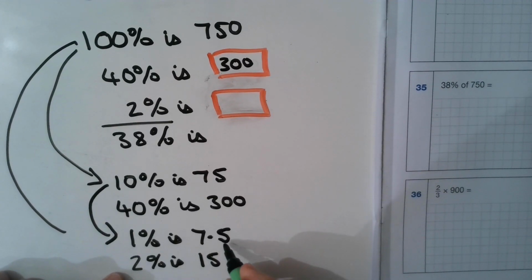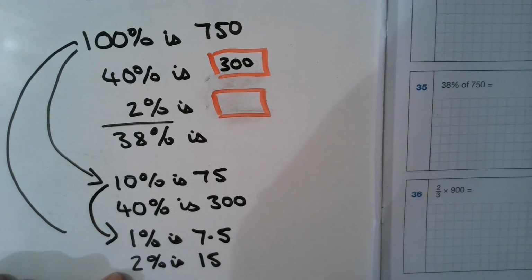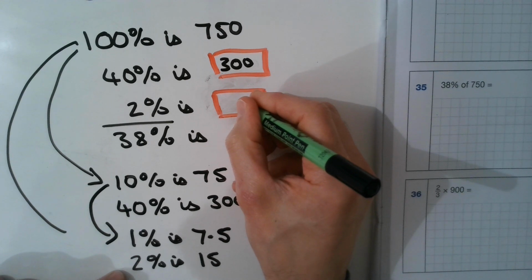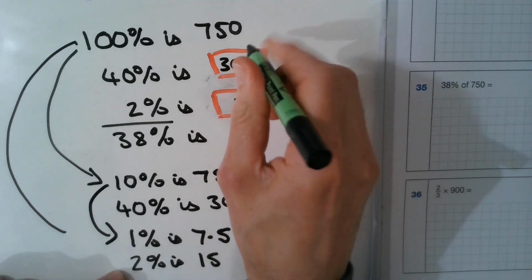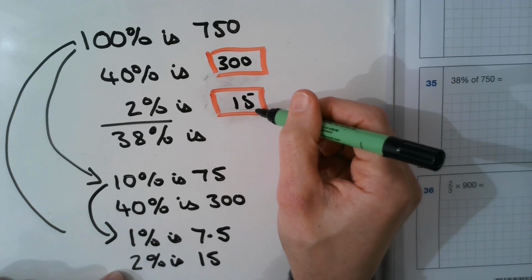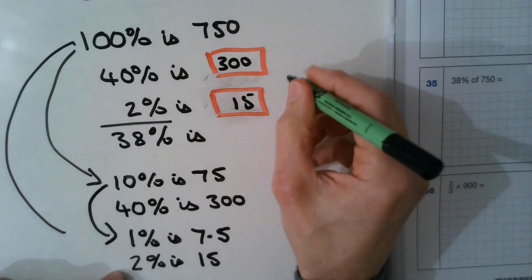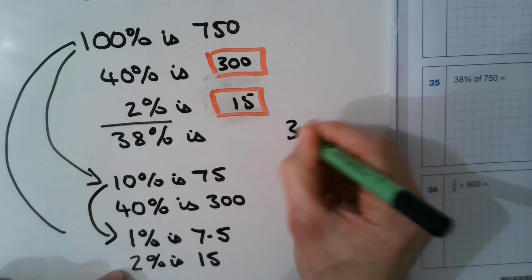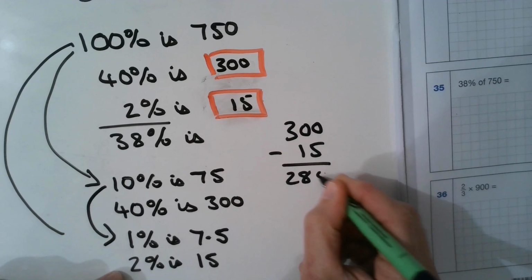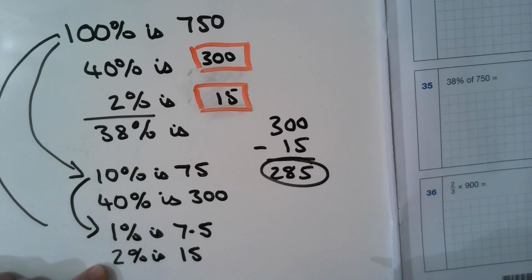So 7.5 doubled is 15. And so if we do 300 take away 15, that will give us 285. So 300 take away 15 is 285, and that is your answer.